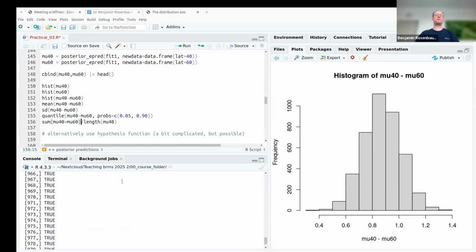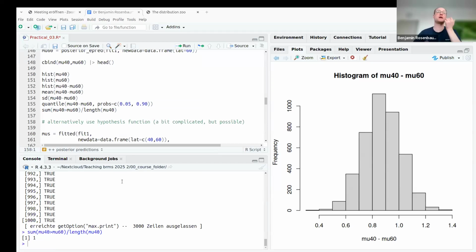If you sum them up, every true is interpreted as 1, and every false is interpreted as 0. And if you sum them up and divide by the length, you get the probability of mu40 being larger than mu60. In this case, it is 1 because all the samples of this difference are positive.